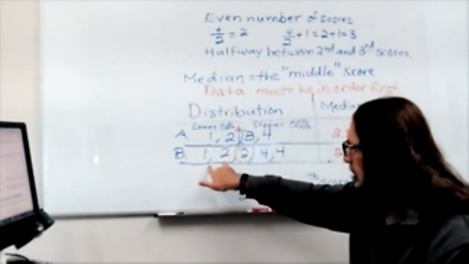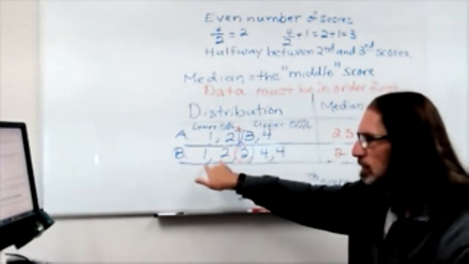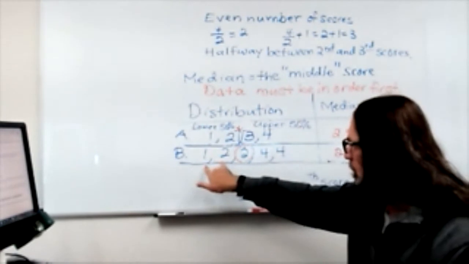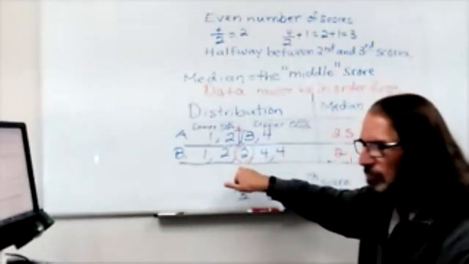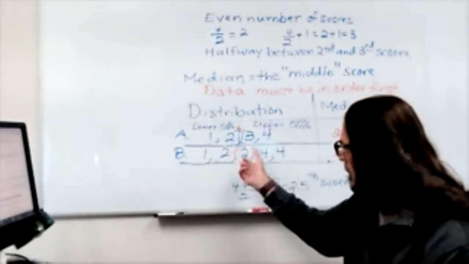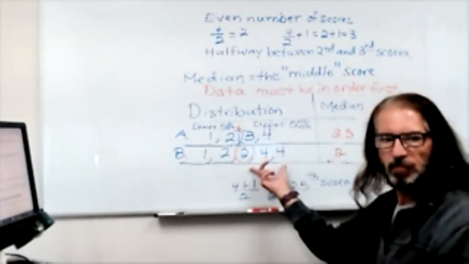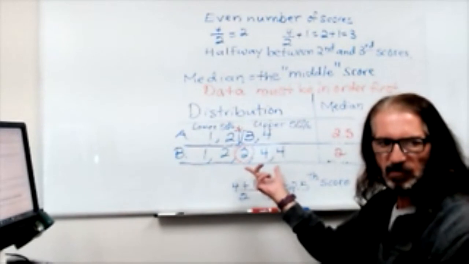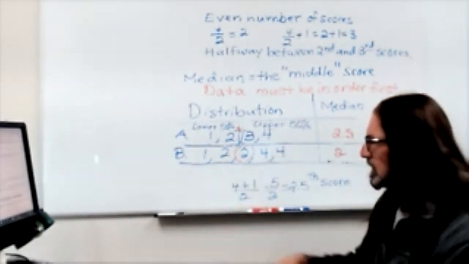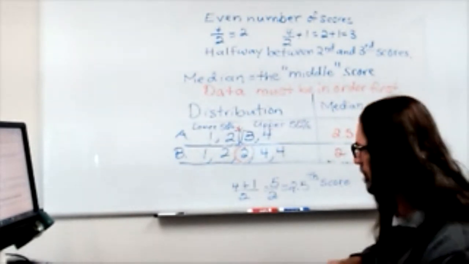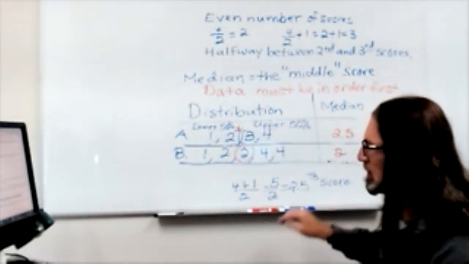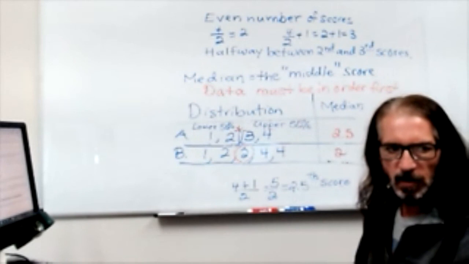If we look at 2 out of the 5, 2 scores here, 2 scores here, that's 40%. Even if we included the median down here and up here, 3 out of 5 is 60%. So it's not going to be exact. Now, by the way, later on, we'll be talking about not including the median in considering that.